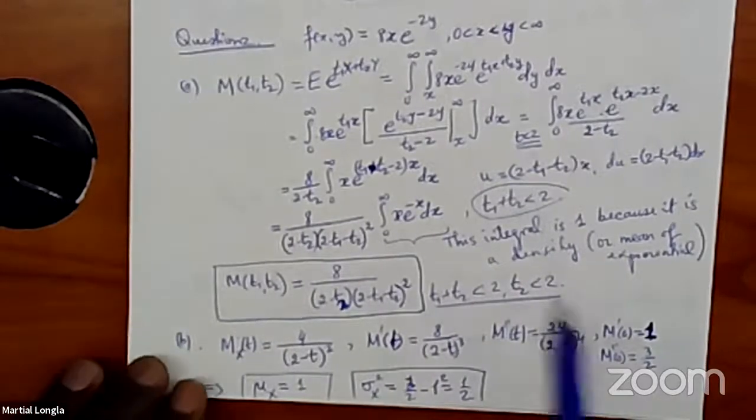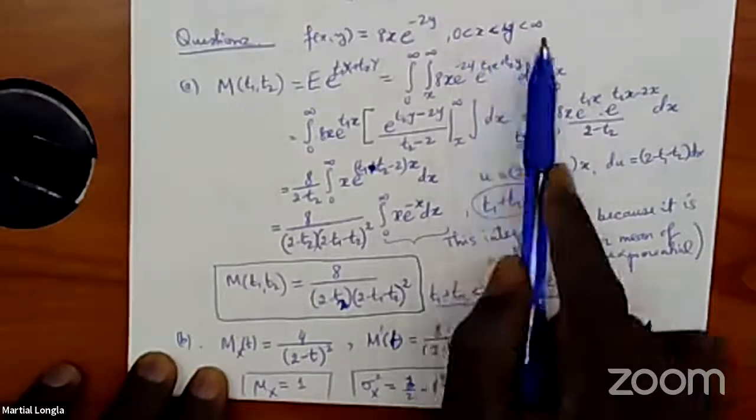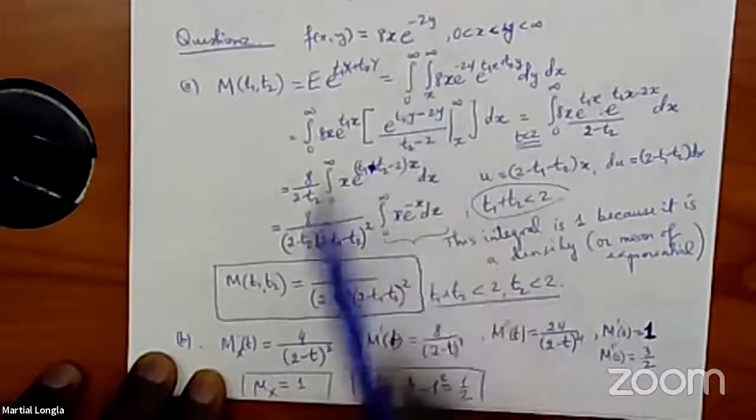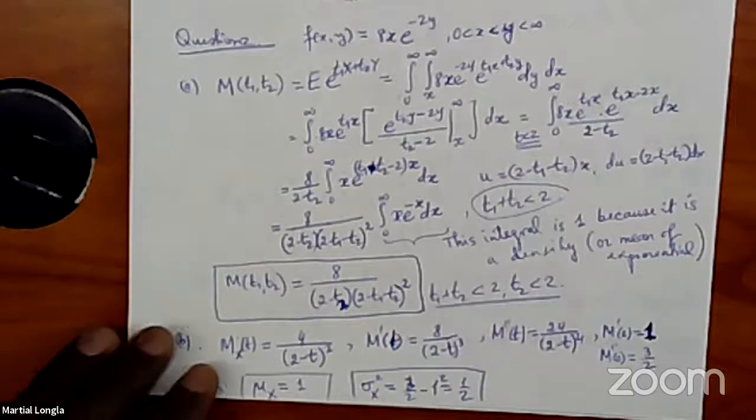When you integrate with respect to y, you know that y is larger than x, so you're integrating from x to infinity, and then you integrate with respect to x.